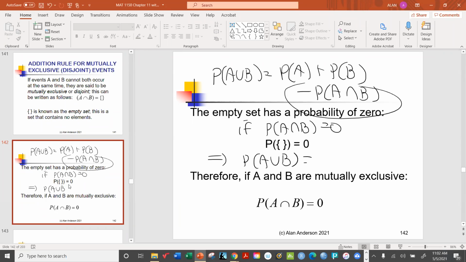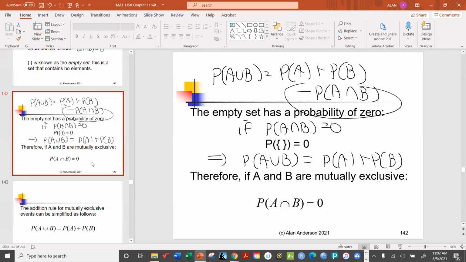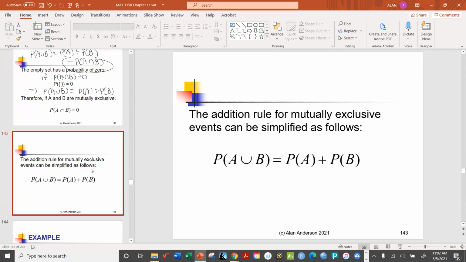All we have to do is calculate the probability of A plus the probability of B, and we're done. So we have this slightly simpler version that we can use, but only when we have mutually exclusive sets.